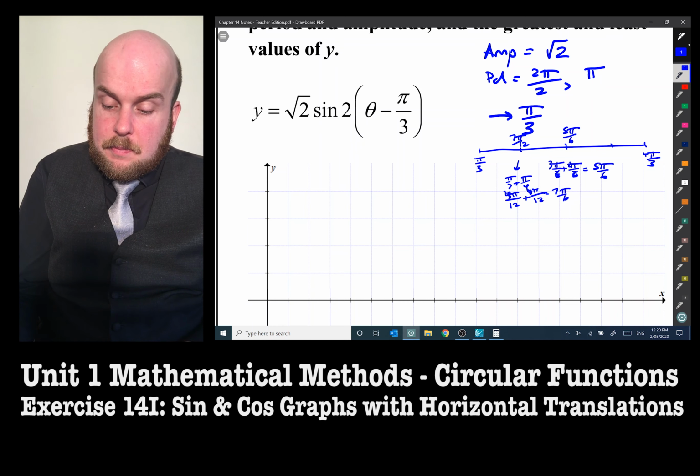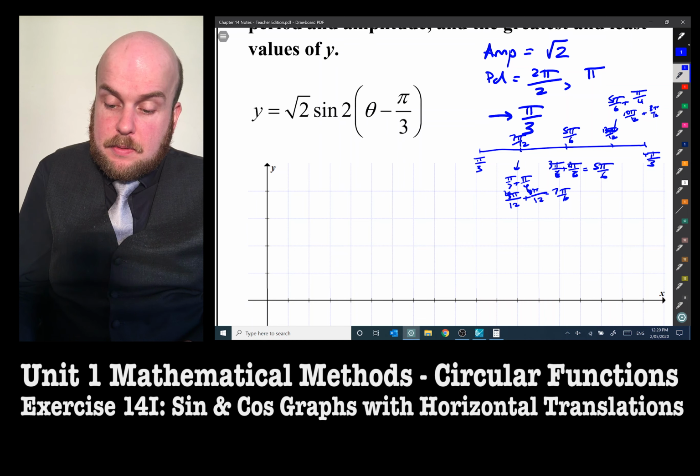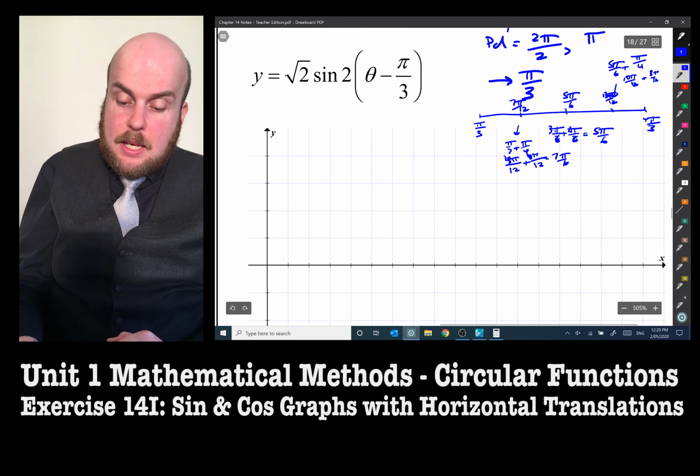And then again, pi plus this one here, 5 pi on 6 plus pi on 4, is going to make that 10 pi on 12 plus 3 pi on 12, so that's 13 pi on 12. There we go.